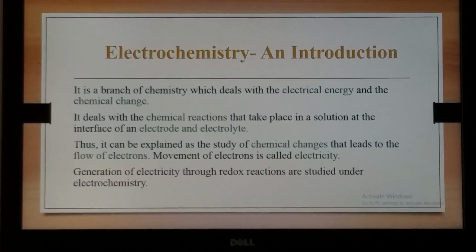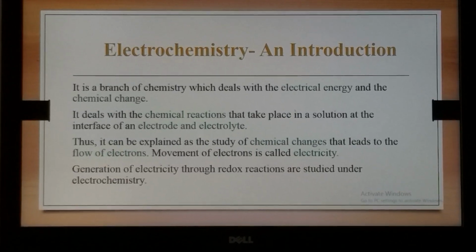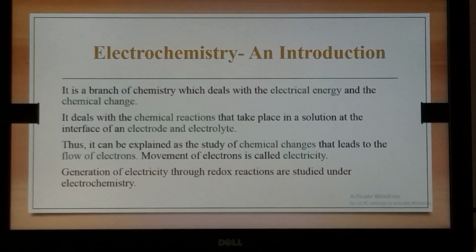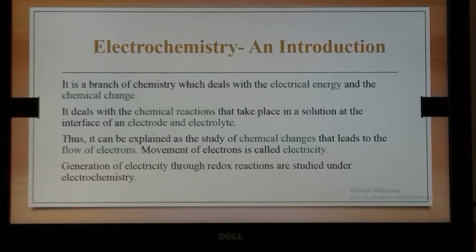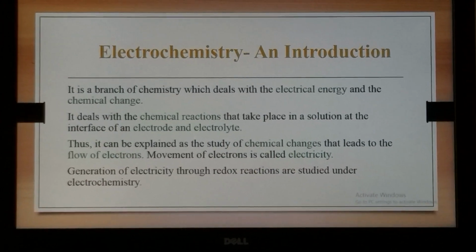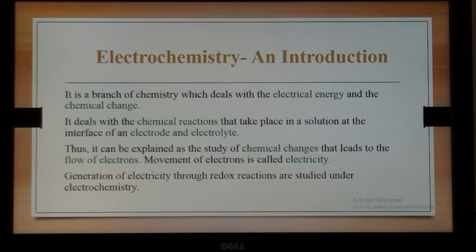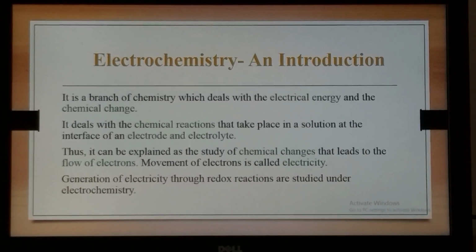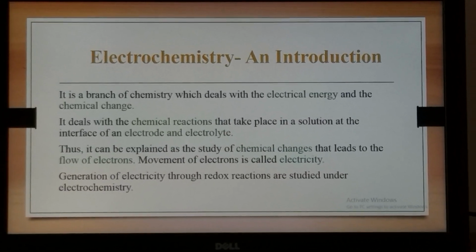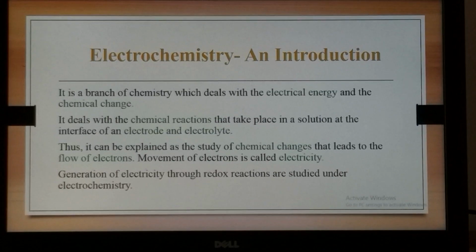These chemical reactions are responsible for the flow of electrons, which in turn produces electricity. So, the generation of electricity through redox reactions is studied under electrochemistry.